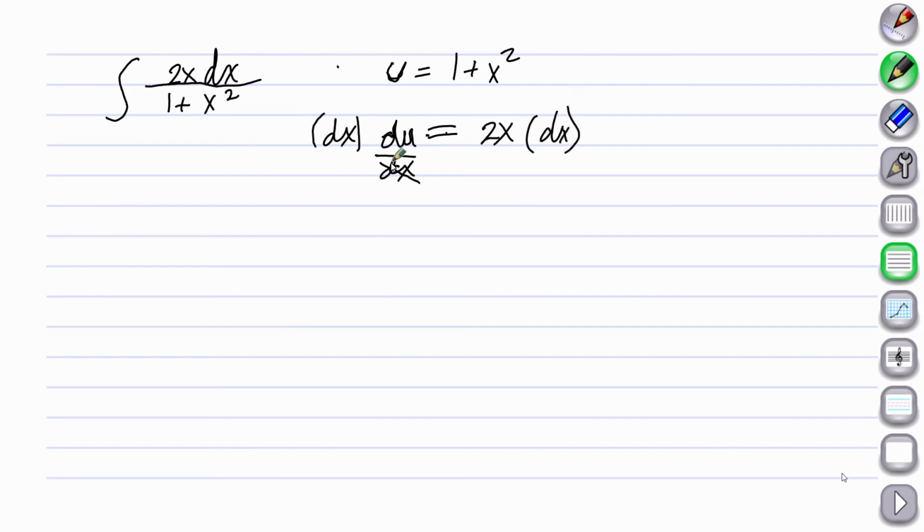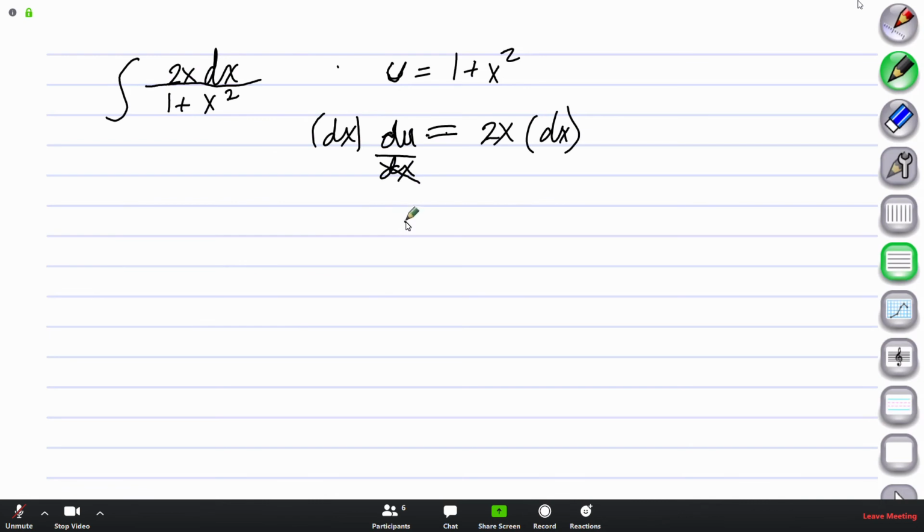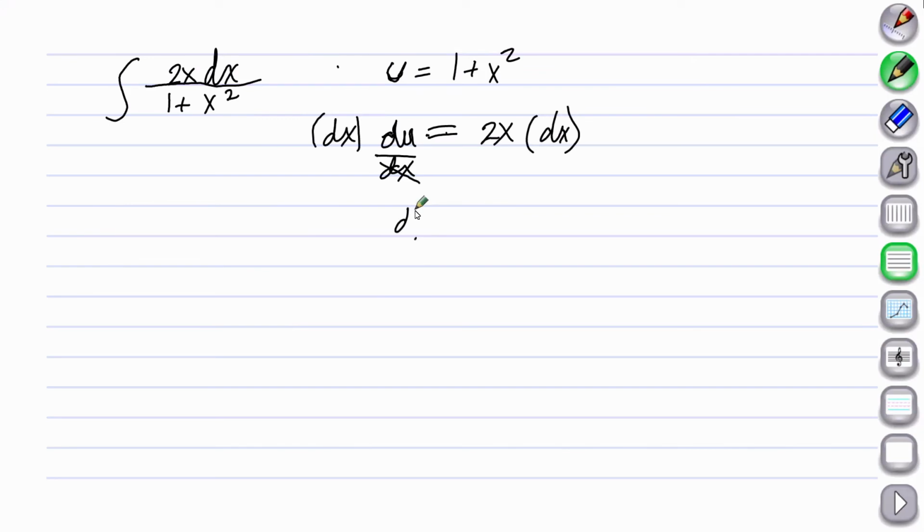This is a more formal way of writing the derivative, du over dx. And we get du equals 2x dx.